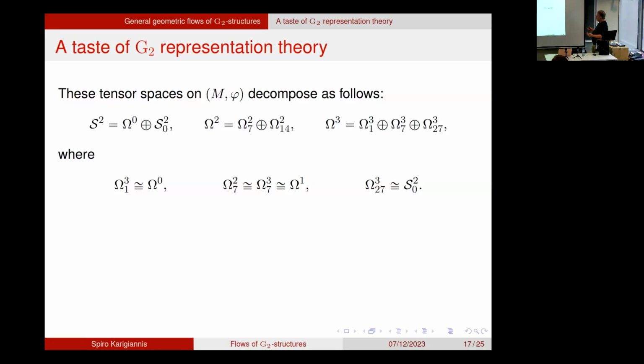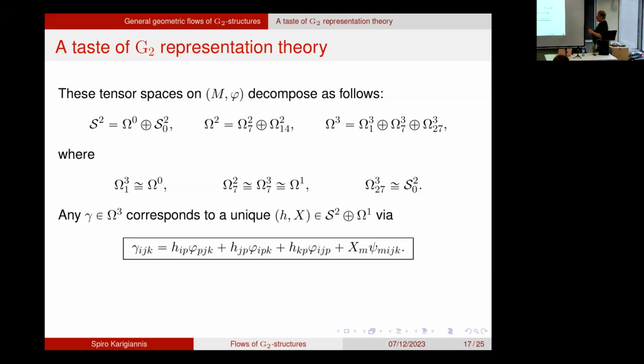And this one here is isomorphic to traceless symmetric 2-tensors. The 14 one, I'm not going to talk about it too much. It's not so important for us in this talk. But the moral here is that if you want the right-hand side of your flow to be a 3-form, since you're flowing your 3-form, d phi/dt is going to be some P of phi, which is a 3-form. There are 3 different kinds of things it can be: basically functions, vector fields, or traceless symmetric 2-tensors.